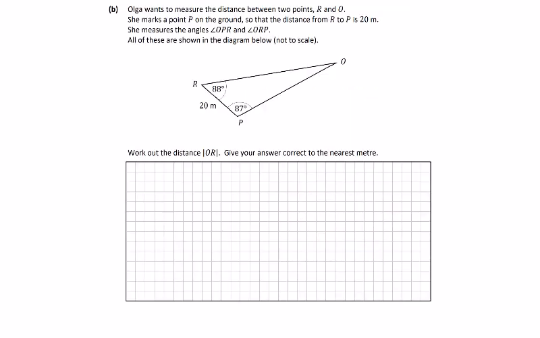Part B, Olga wants to measure the distance between 2 points R and O. Let's call this X. So we have 2 angles here. So you're thinking at this point cosine rule or sine rule. To use the sine rule, we have to have the angle and the side opposite.